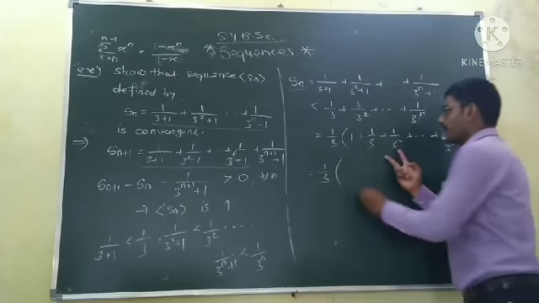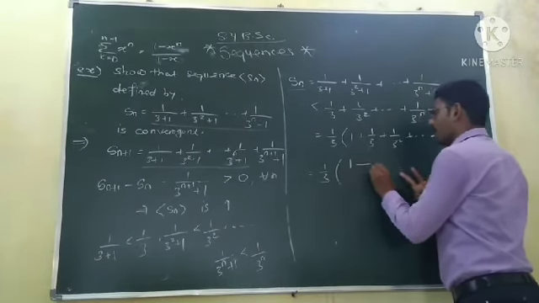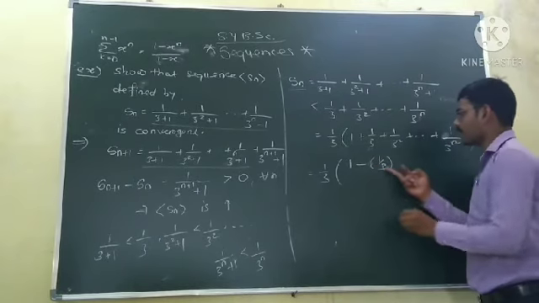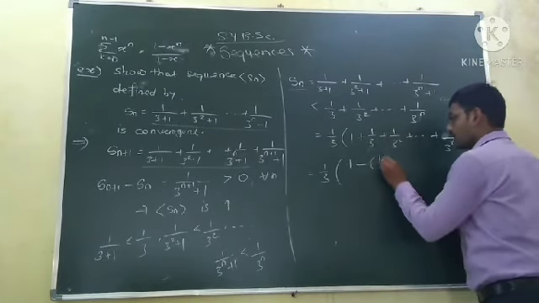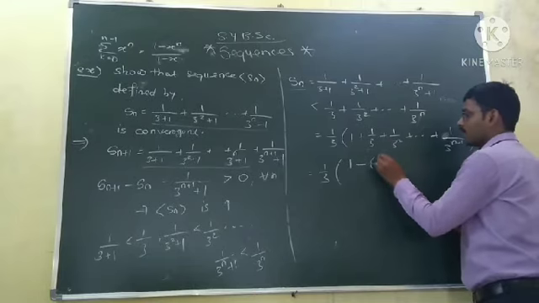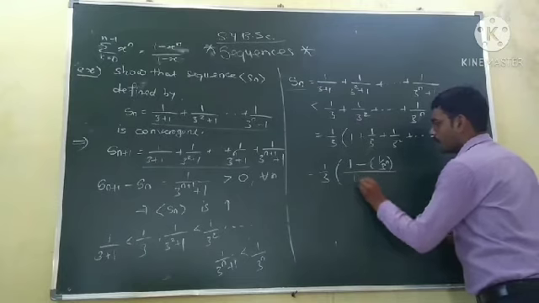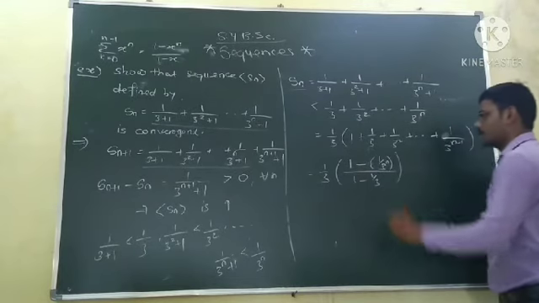So here we can write this summation is equal to 1 minus 1 by 3, the value of x, raised to power n. So 1 raised to power n upon 3 raised to power n, but 1 raised to power n is 1. So 1 upon 3 raised to power n upon 1 minus 1 by 3. Okay.